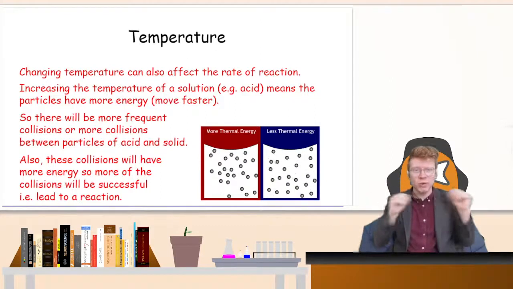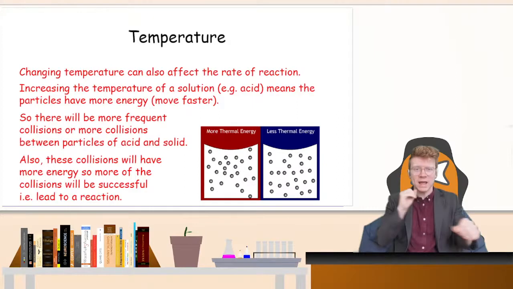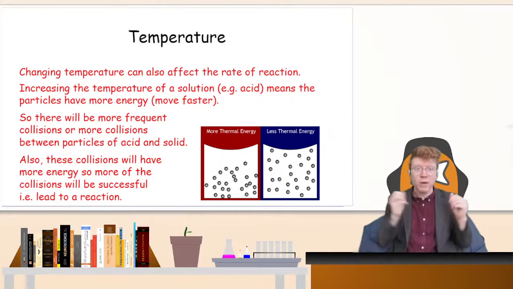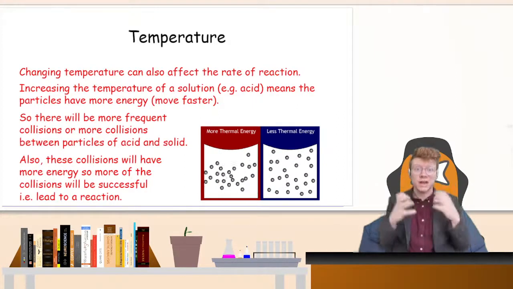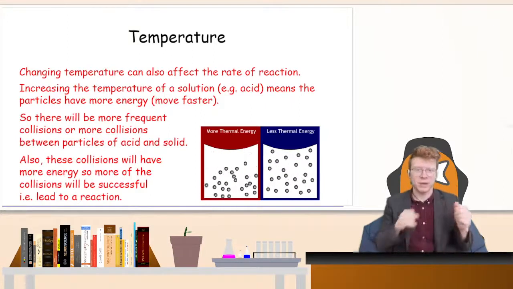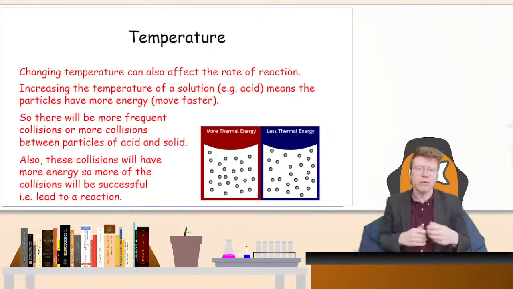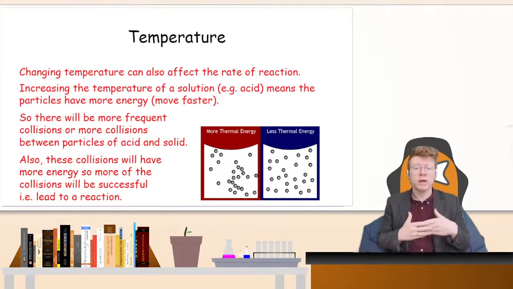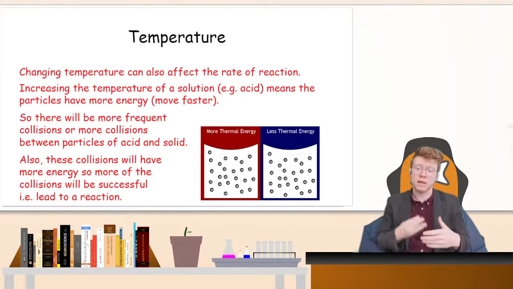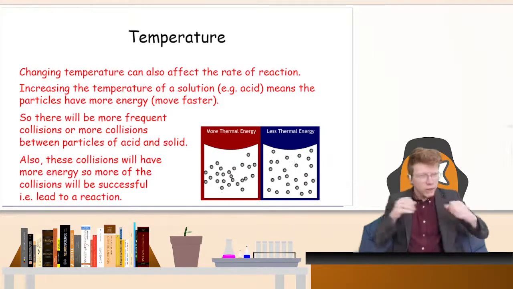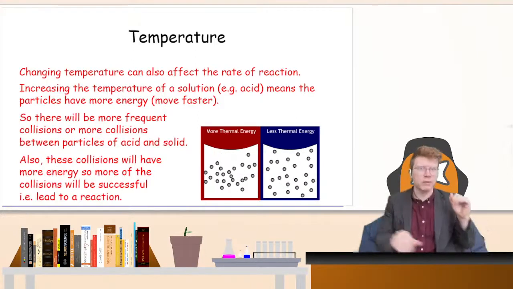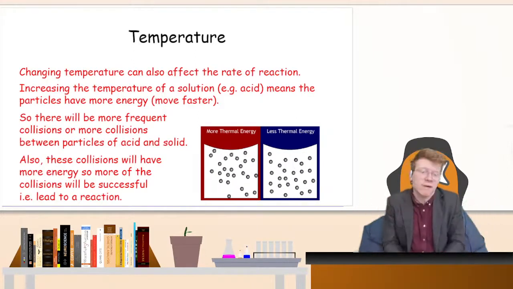And as you're putting more energy into those particles, if they hit one another, there's a greater chance that they will hit with sufficient energy to undergo a reaction, right? So by increasing the temperature of many reactions, we increase the chances of successful collisions. There's also more frequent collisions because they're moving more, so they're more likely to bump into other stuff.